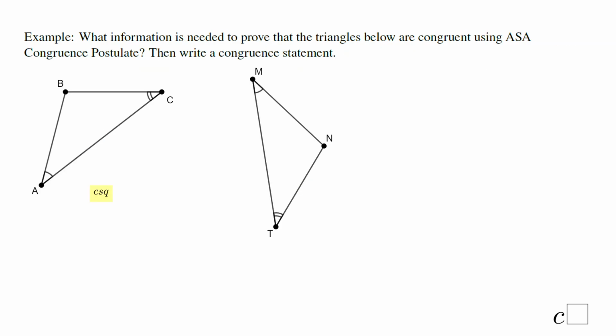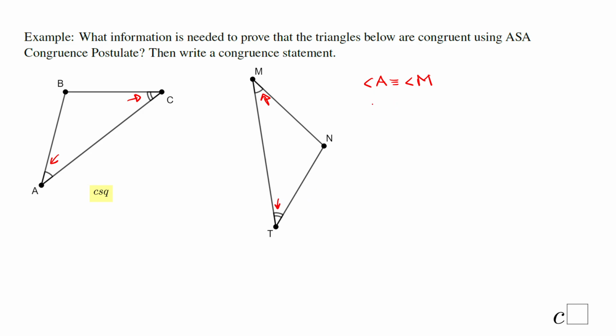So now let's see an example like this one, where we have to say what information is needed to prove that the triangles below are congruent using the ASA congruence postulate. So let's take a look. What do you notice? We have angle A congruent with angle M. We have angle C congruent with angle T. They are marked the same, by the way.